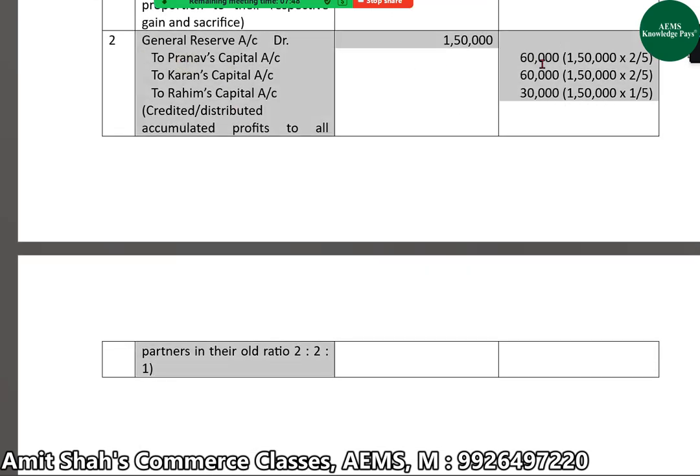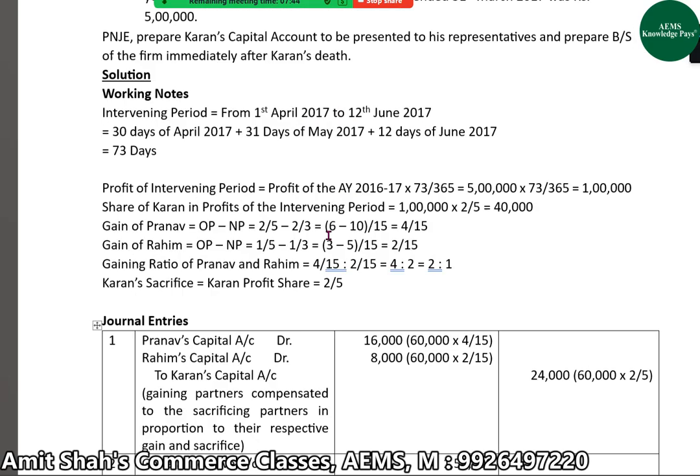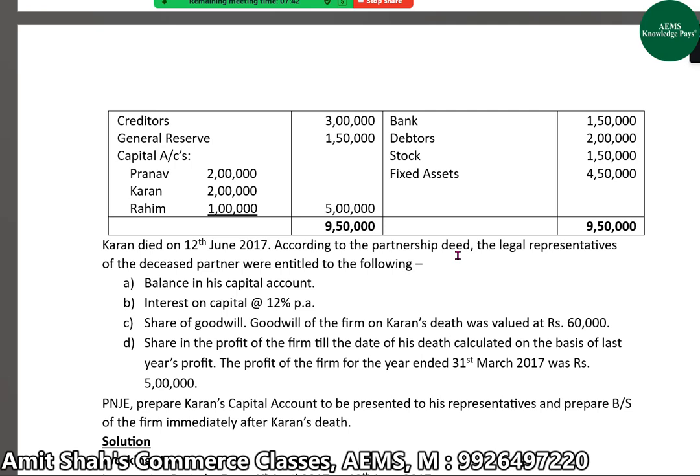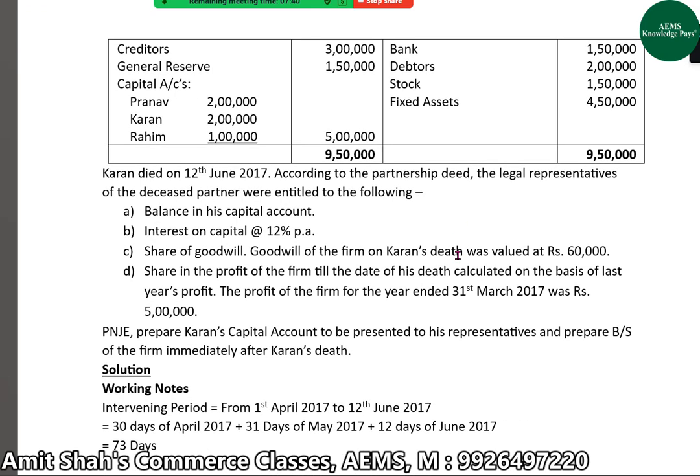So this also we have done, right, guys? So revaluation is not there, accumulated loss is not there, existing goodwill is not there. So out of the five basic adjustments in this question, we have only two. One is for newly valued goodwill, and one is for accumulated profits.